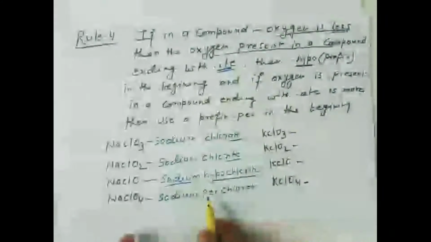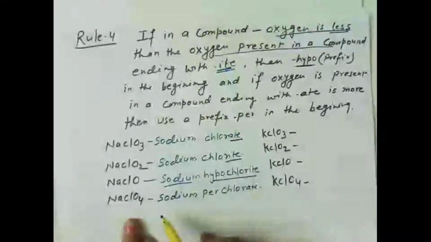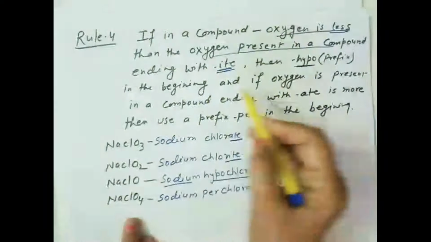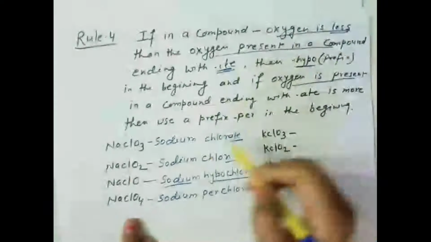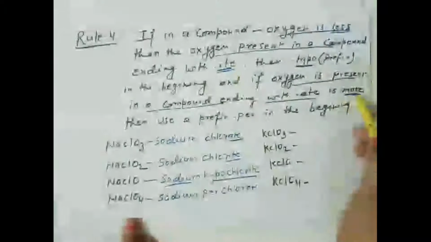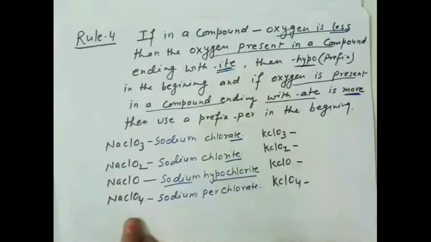If oxygen present in a compound ending with ATE is more, then the prefix per is written, perchlorate.